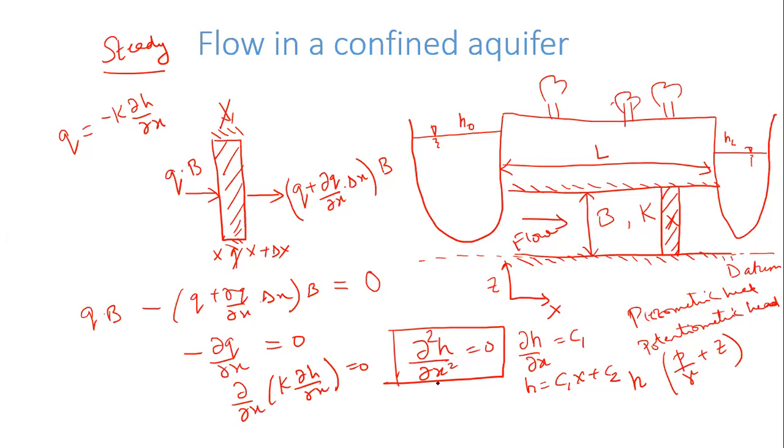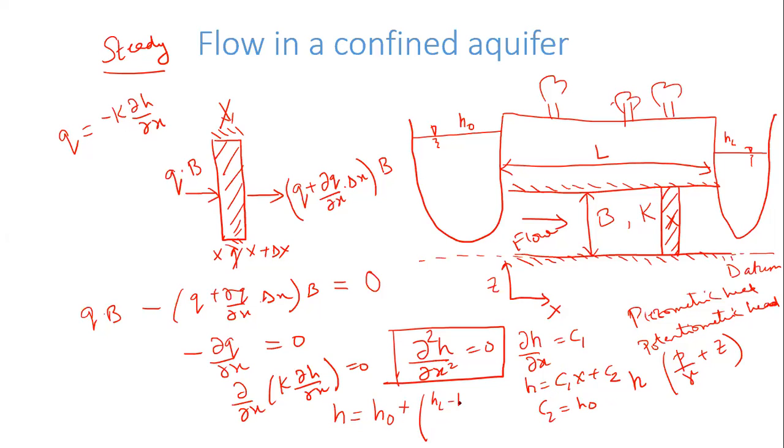So at x equal to 0, H equal to H naught. So C2 will be equal to H naught, right? Then you put that in again. I think you will get an expression that looks like this. H equal to H naught plus, what will it be?